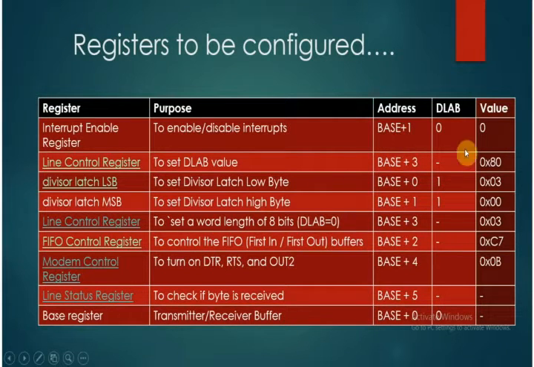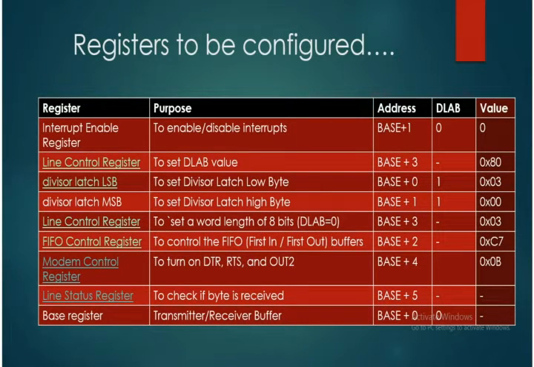So we put 03 in divisor latch LSB register, whose address is base plus 0, and 00 in divisor latch MSB register, whose address is base plus 1, when DLAB is made equal to 1.